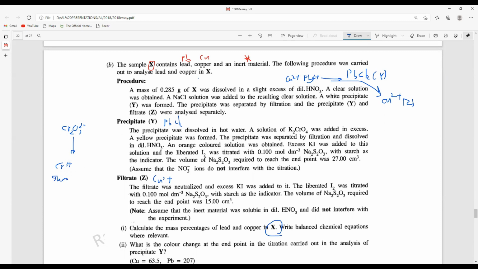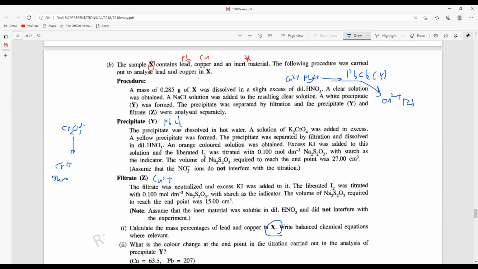And also don't forget, when you add this, all the I2 is going to be consumed, right? So when you have this chromium 3+ at the end, there will be no iodine left. So there is this green color that is formed because of this dichromate.